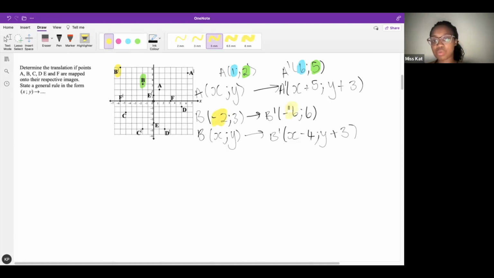So how many times did we move? 4. So do you see where the -4 comes from? Oh, yes, ma'am. Then we do the same for the Y. So you say, did I go up or down? I went up. Do you agree? Yes. And up is positive. That's why we have a plus. And then how many times did I move from 3 to 6? 3 times. Do you get it?